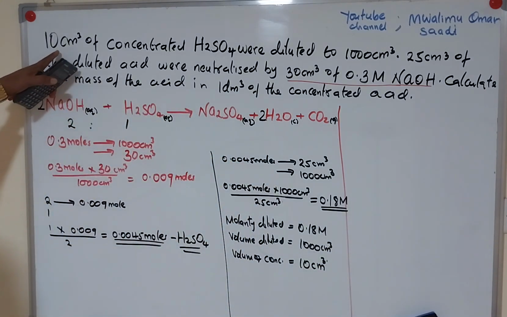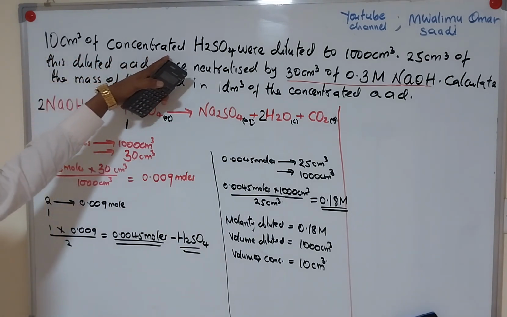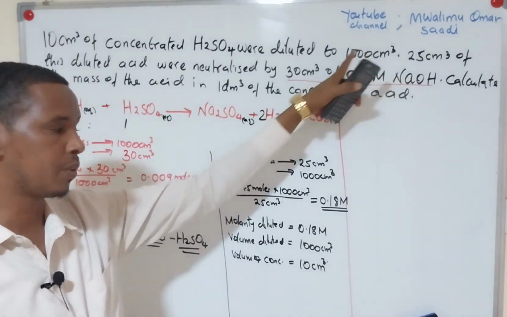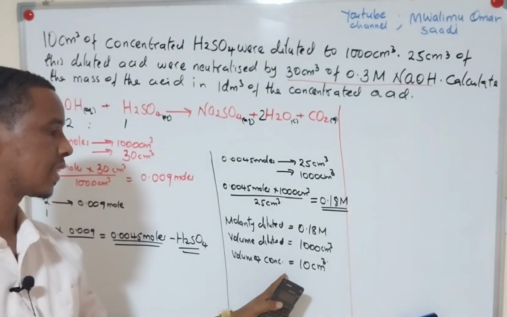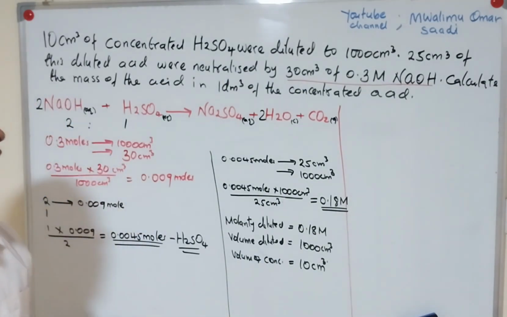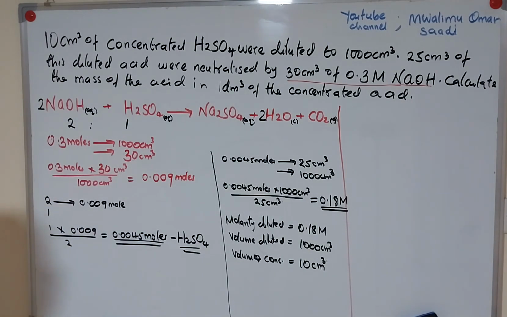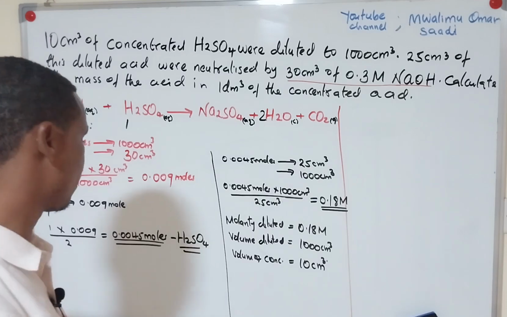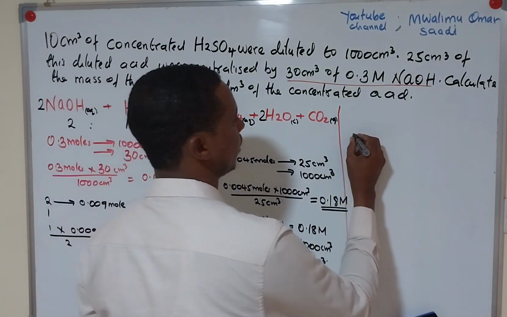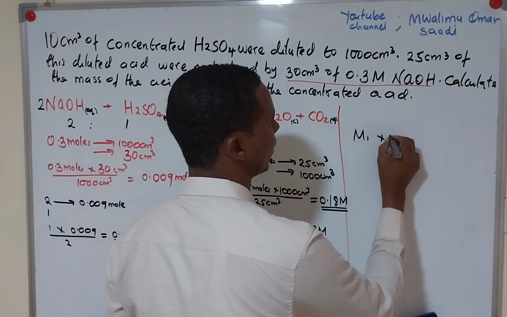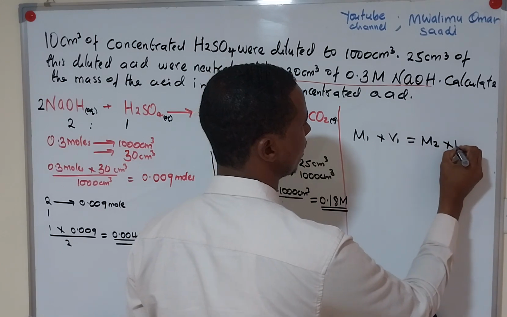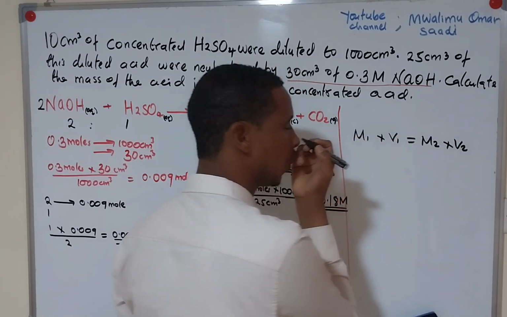At the first place, we're told 10 cm³ of the concentrated acid were diluted to 1000 cm³. That means the volume of the concentrated acid is 10 cm³. And then, we need to get the molarity of the concentrated acid. How can we get that? We use the formula M1V1 is equal to M2V2.